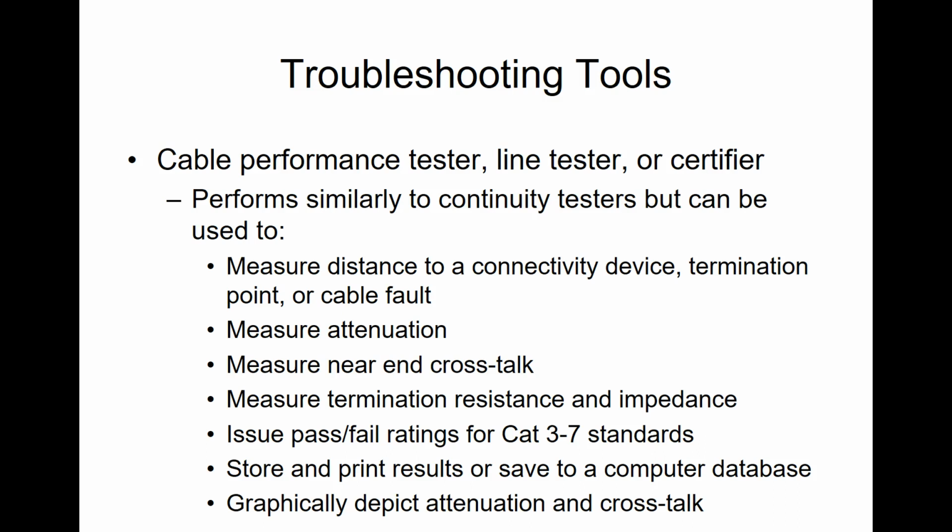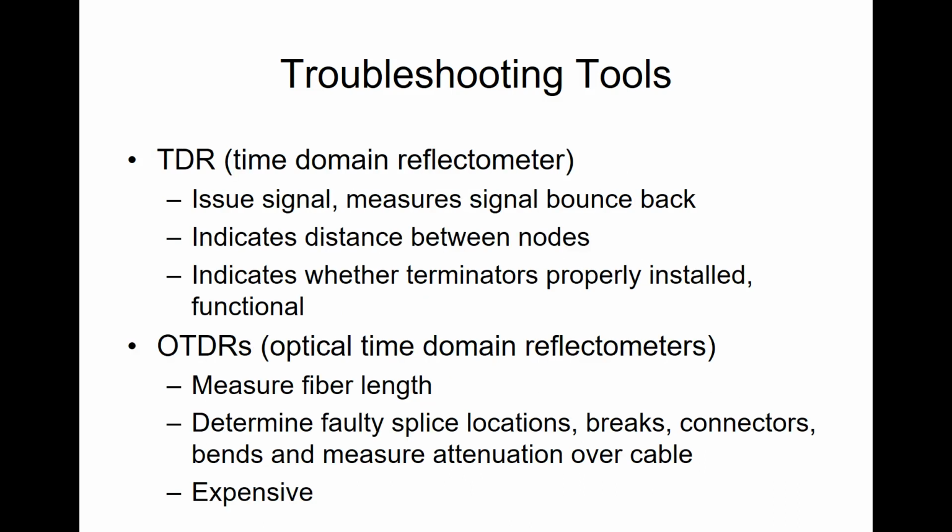Sometimes these are really a lifesaver. You may end up with a cable that will pass on that little guy right there for $8, but it's very marginal. Maybe it's slightly too long or some other reason. And so these cable performance testers or certifiers will give you that information. And like I said, they're anywhere from $2,000 to $10,000 depending on what you want to do.